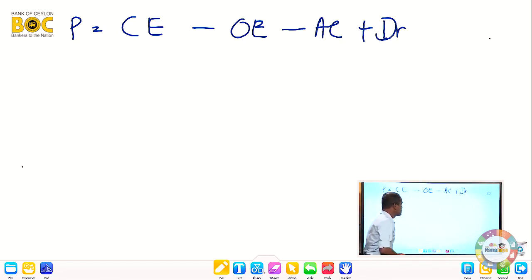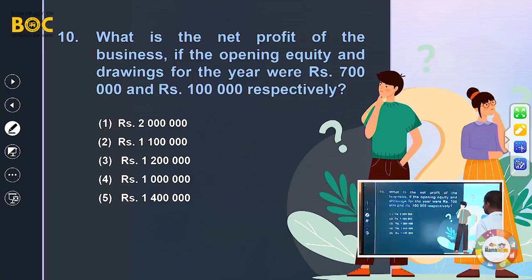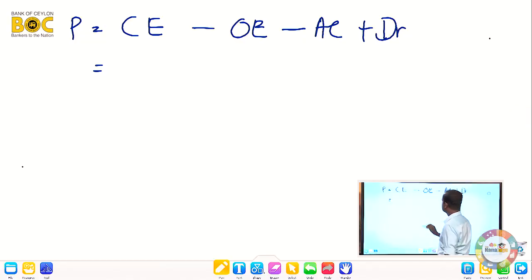Here you have opening equity 700,000 and drawings 100,000.